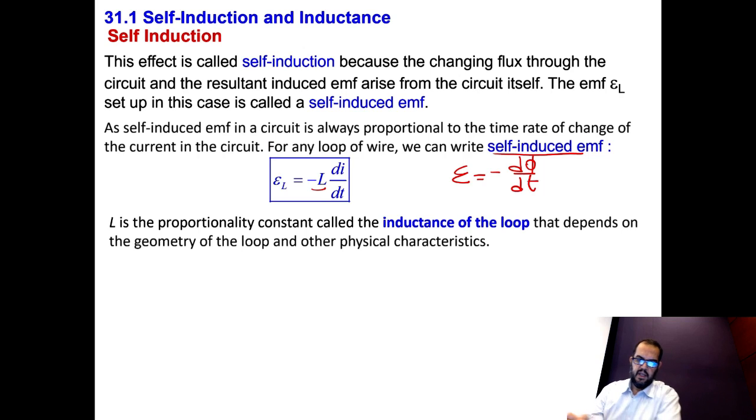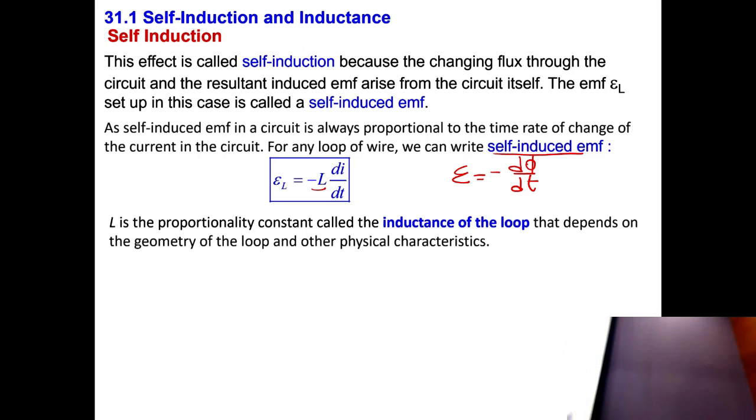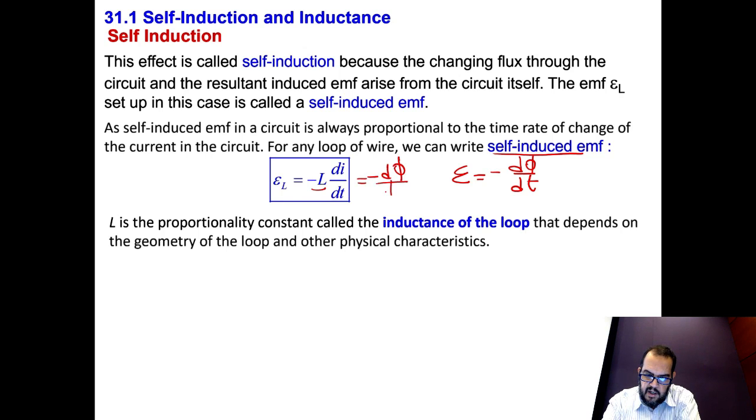Okay, so in this case, we know that this flux is dependent on the current that is flowing through this circuit. So we can write this as minus L di/dt. In fact, we can write that this is equal to minus d phi/dt, the changing flux through the circuit.